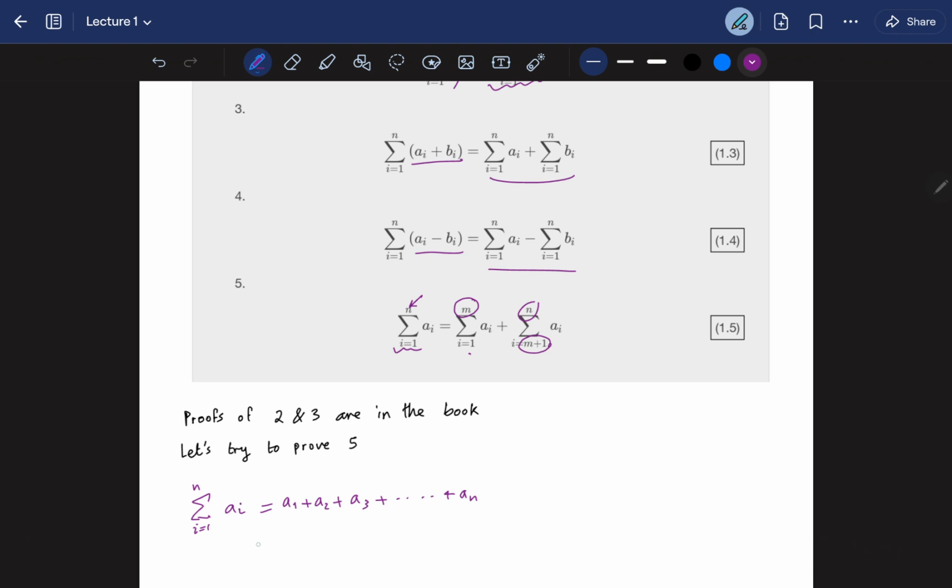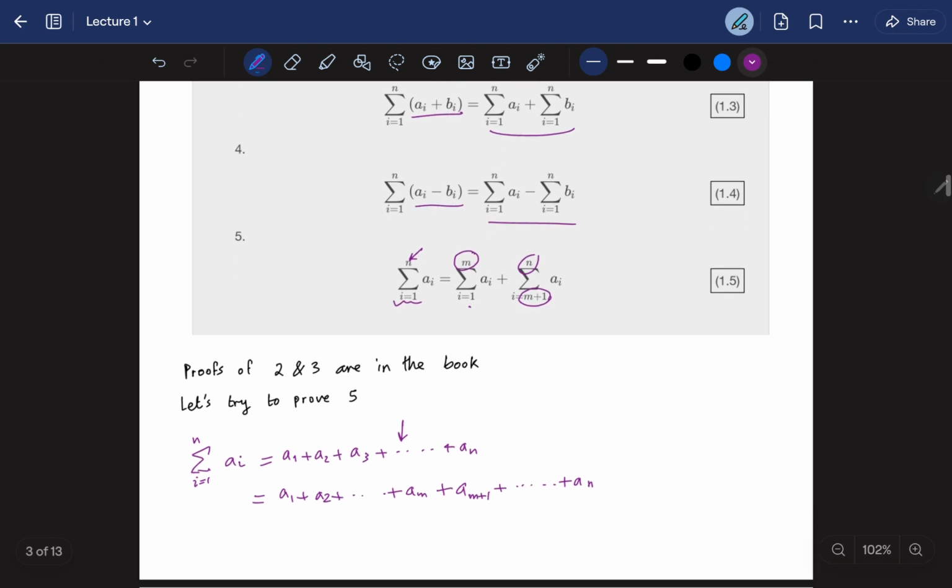Now, if you think about it, there's a hidden term AM between all of these terms. So I can write it as plus AM plus 1 up to AN.